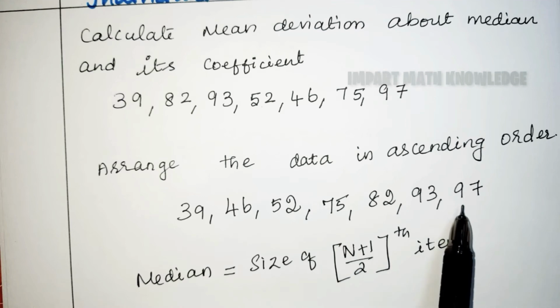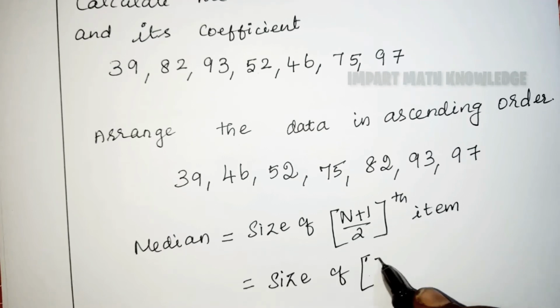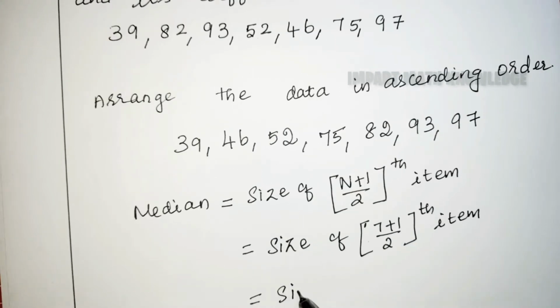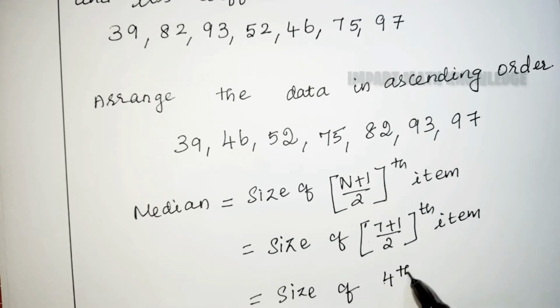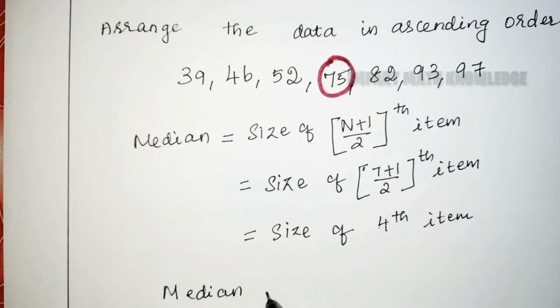Here the number of items are 7. This is equal to size of (7 plus 1) by 2th item, size of fourth item. Here the fourth item is 75. Median is equal to 75.